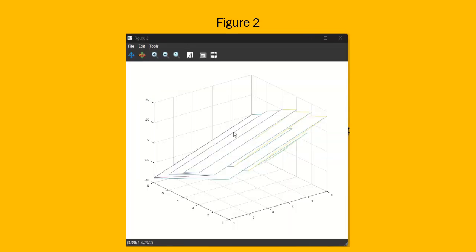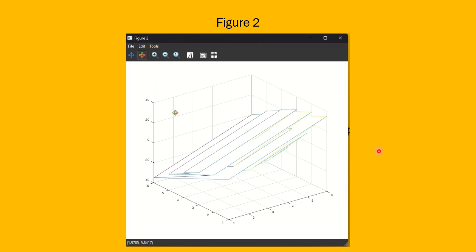And this is the figure 2 graph where we have the same x and y values, which were called u and v in this case, but they were in a different order. But u's order and v's order were the same. So when we mesh the two together, we still get the corresponding w values the same as the corresponding z values.